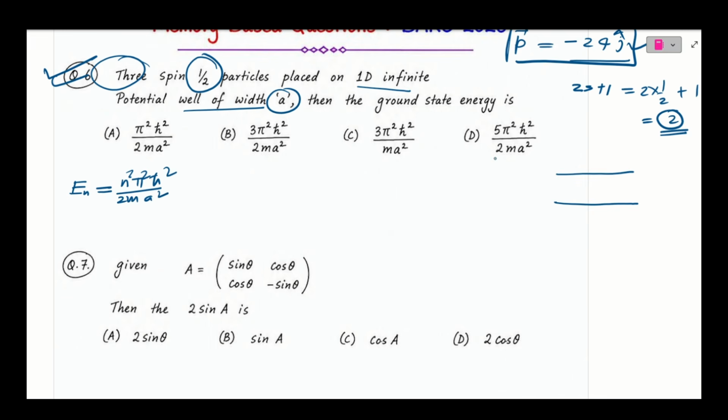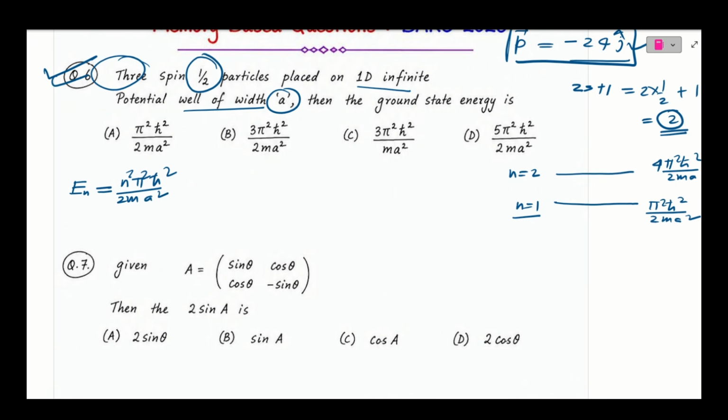Okay, so this is the ground state, the lower state, n equals 1, and this is n equals 2. So for n equals 1 it will be pi squared h cross squared divided by twice m a squared, and for the n equals 2 state it will be n squared, that is 2 squared, 4 times pi squared h cross squared divided by twice m a squared. Okay, now we have three particles.